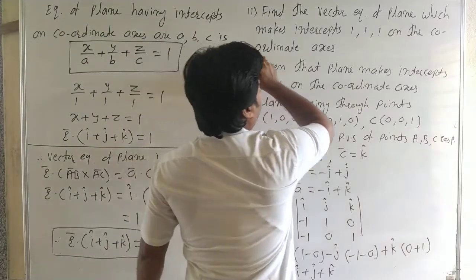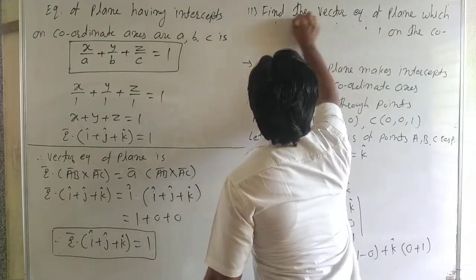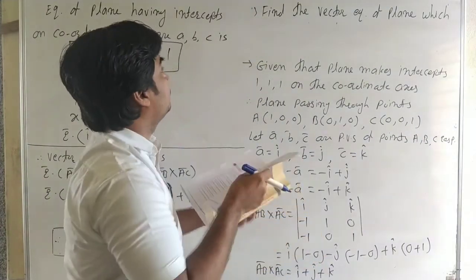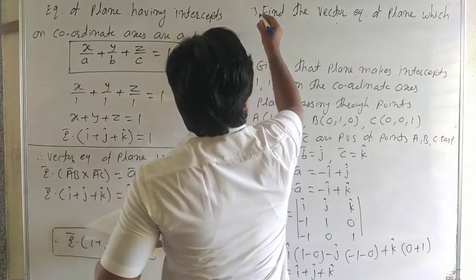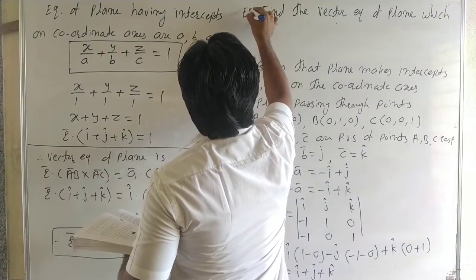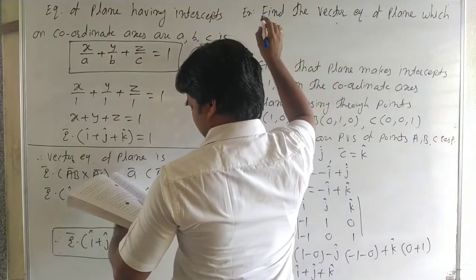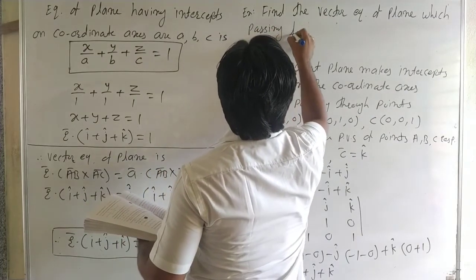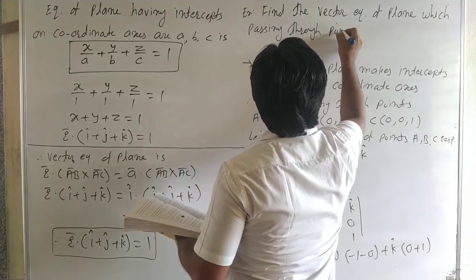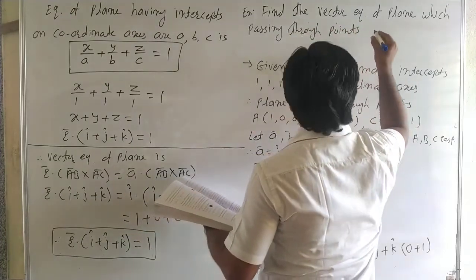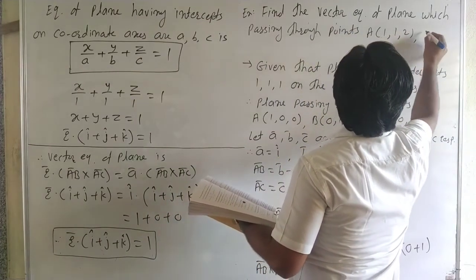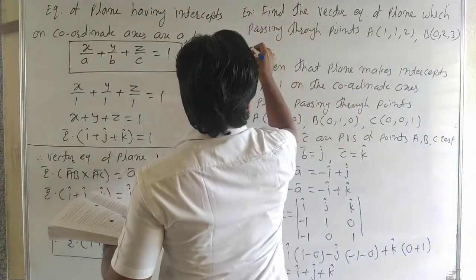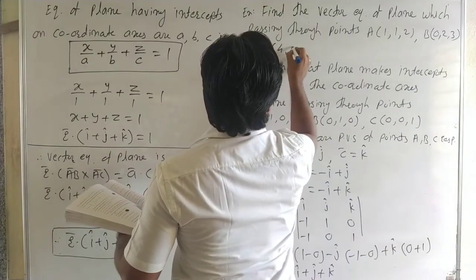See carefully. Find the vector equation of the plane passing through points A (1, 1, 2), B (0, 2, 3) and C (4, 5, 6).